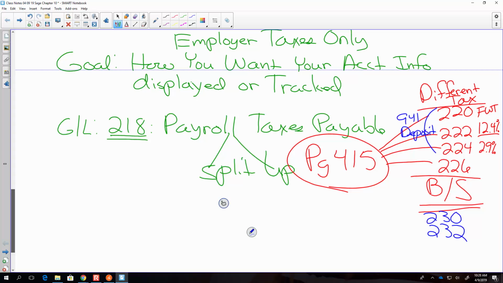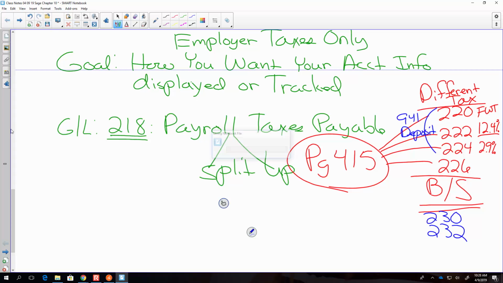Because Form 940 requires the federal deposit and UCT 101 requires the state unemployment. So that's what I want you to see when you do your payrolls: those different accounts, what their purpose is, and why they're separate.